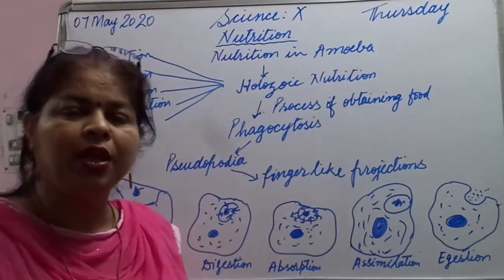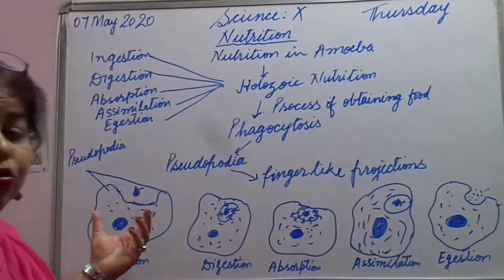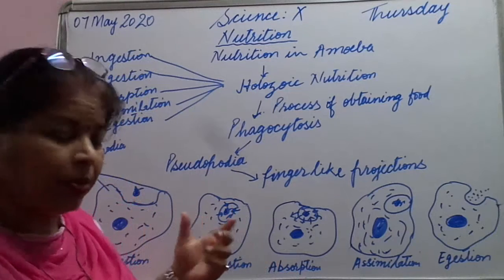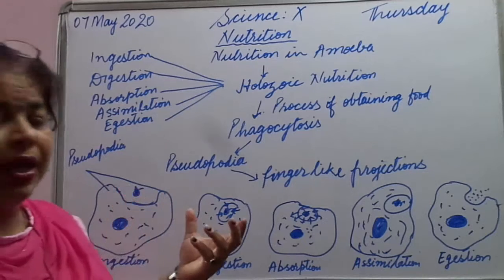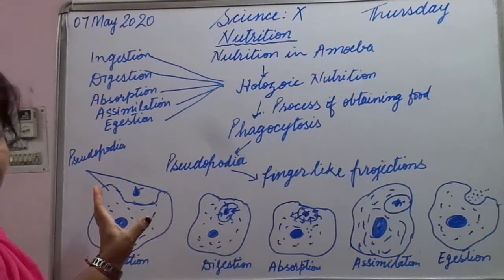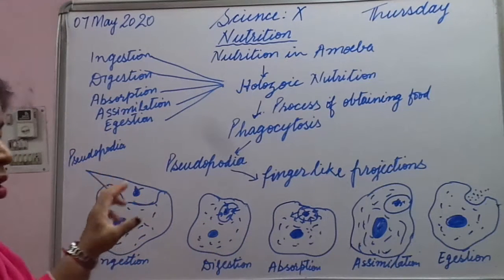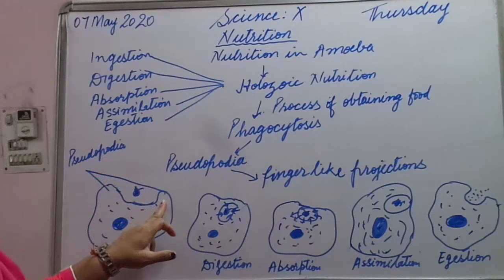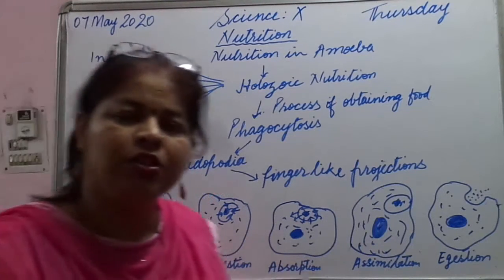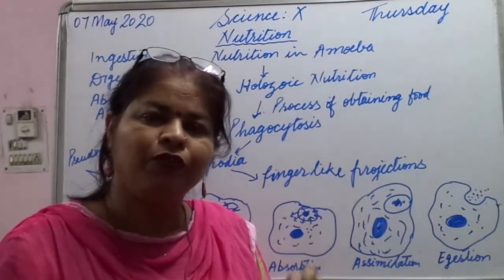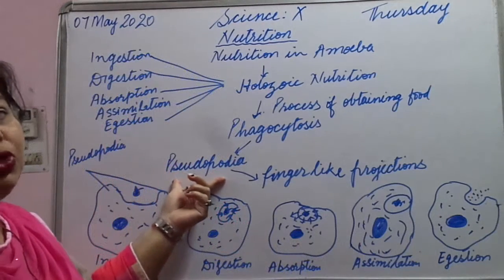With the help of cytoplasmic elongations, and due to the flexibility of the plasma membrane or cell membrane, finger-like or cup-like projections are formed, and we call them pseudopodia. Pseudo means false, pod means legs or foot. So they are false feet. That's why we call them pseudopodia.